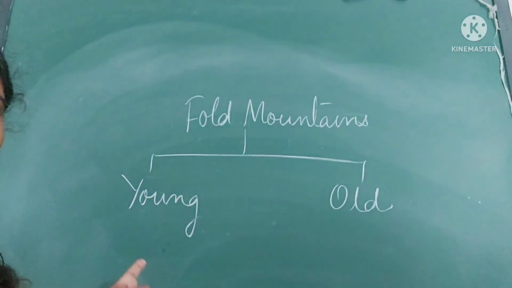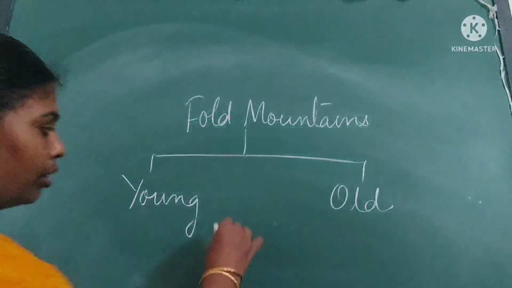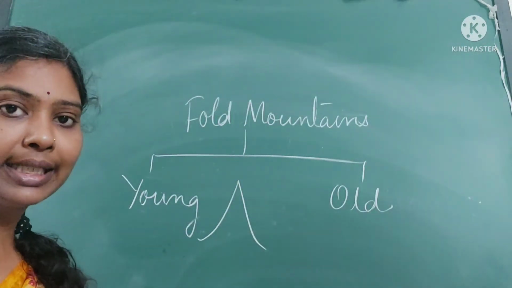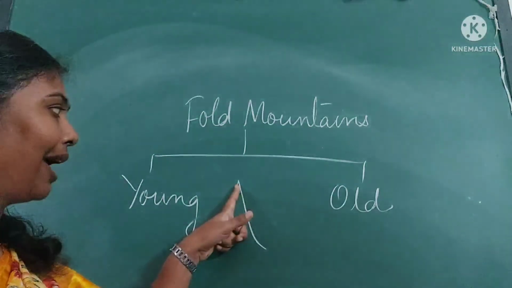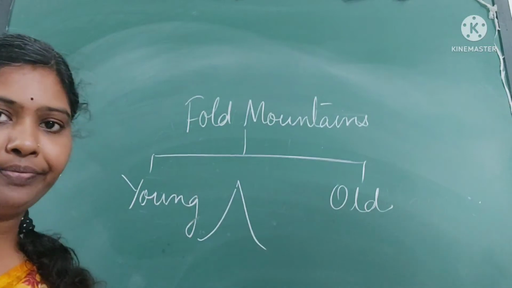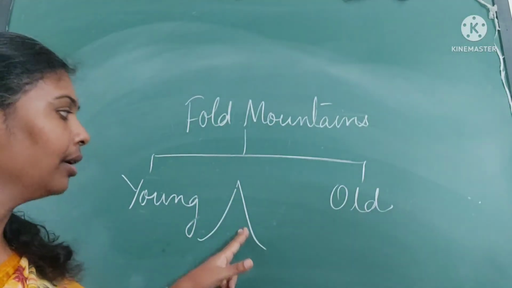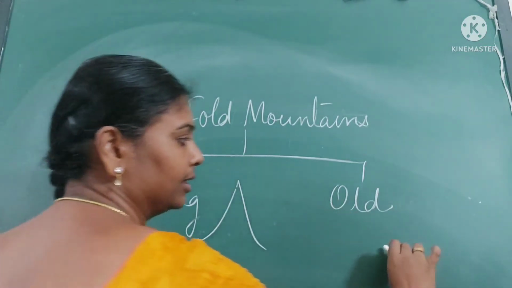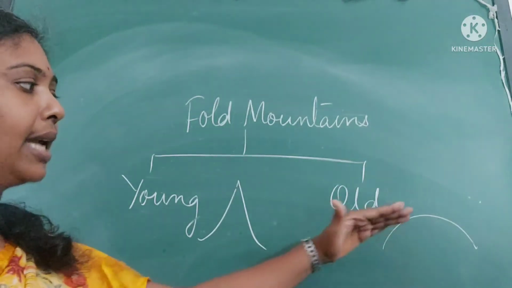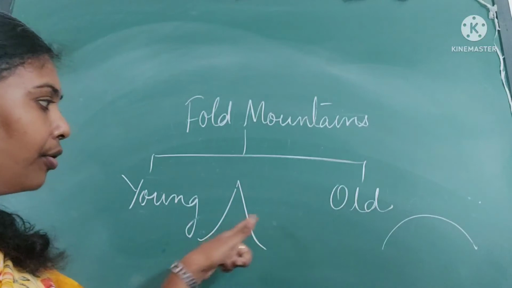The major differences: young fold mountains were formed in the recent past, so obviously they have sharp peaks and are very tall. Old fold mountains have rounded peaks and are comparatively shorter than the young fold mountains.